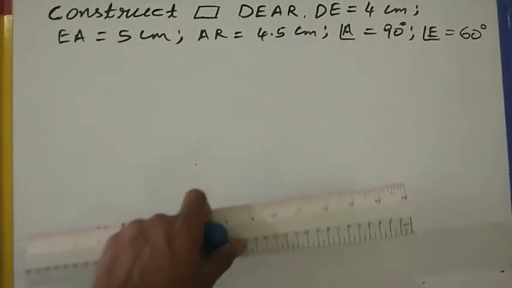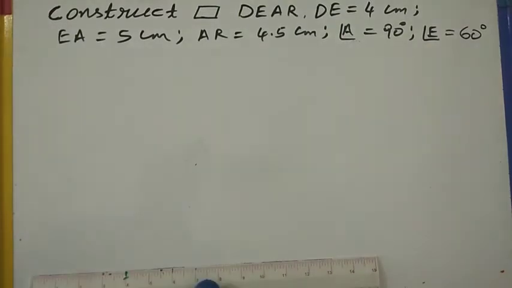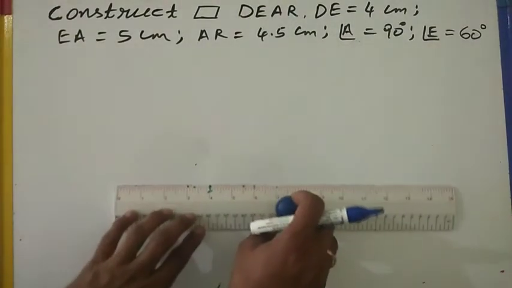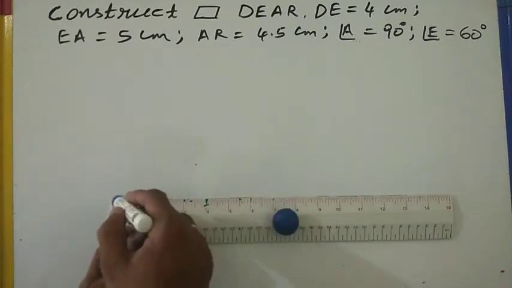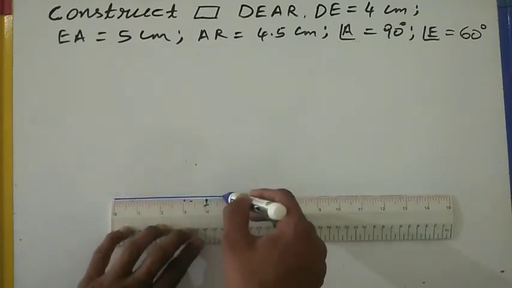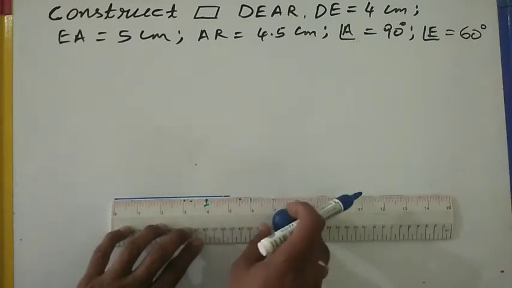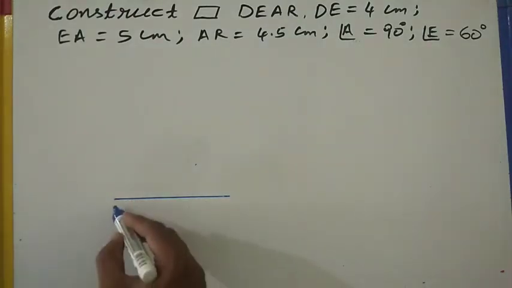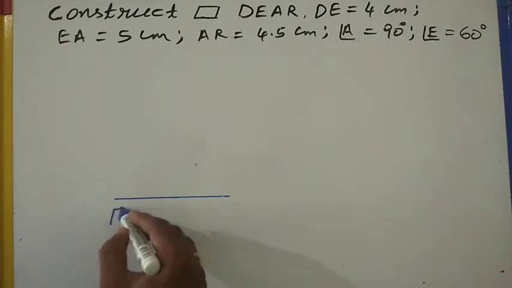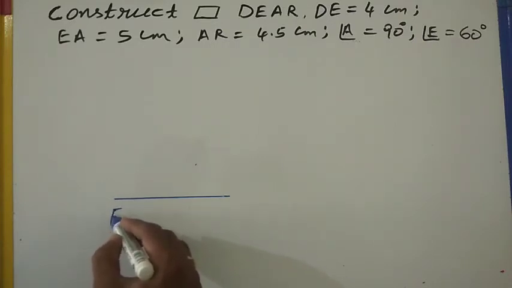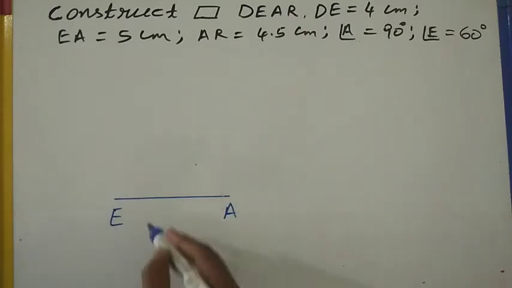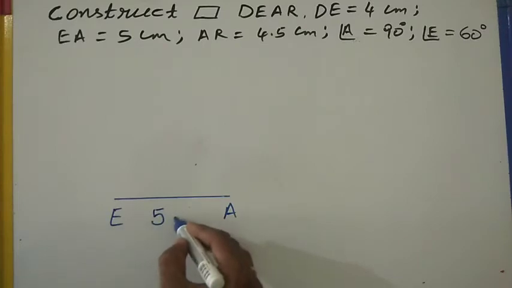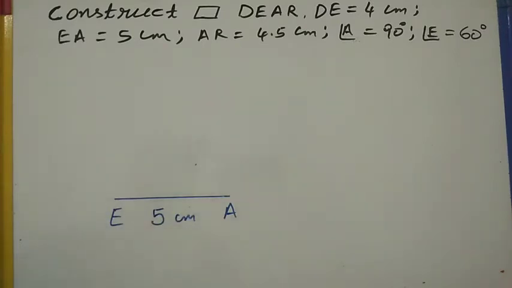Students, here as I explained you, with the help of ruler, we will construct first a line segment of measure 5 centimeter. Either I can take AE or EA, choice is yours. It is of 5 centimeter.